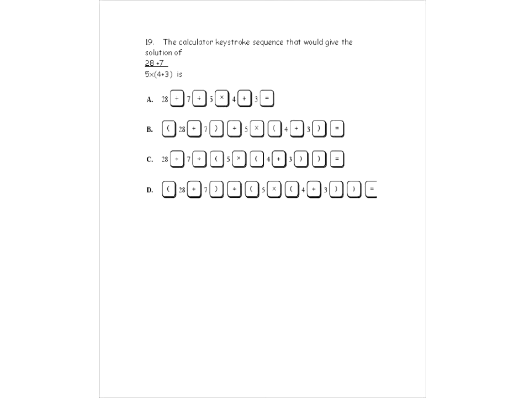Next question here. This one says, the calculator keystroke sequence that would give the solution of this here. Okay, so this is the math problem here. What kind of calculator sequence is going to solve this? Basically, you need to tell your calculator that you want to divide all of this stuff on top by all of this stuff on bottom.